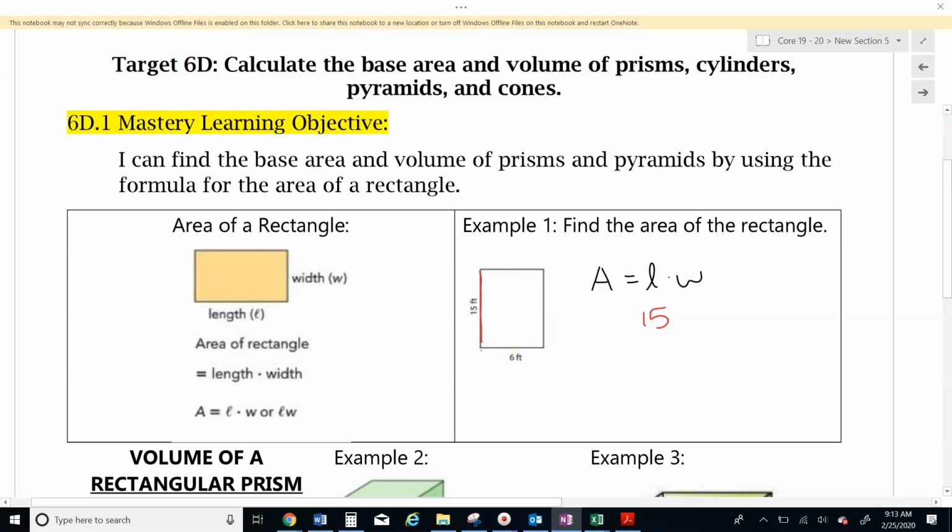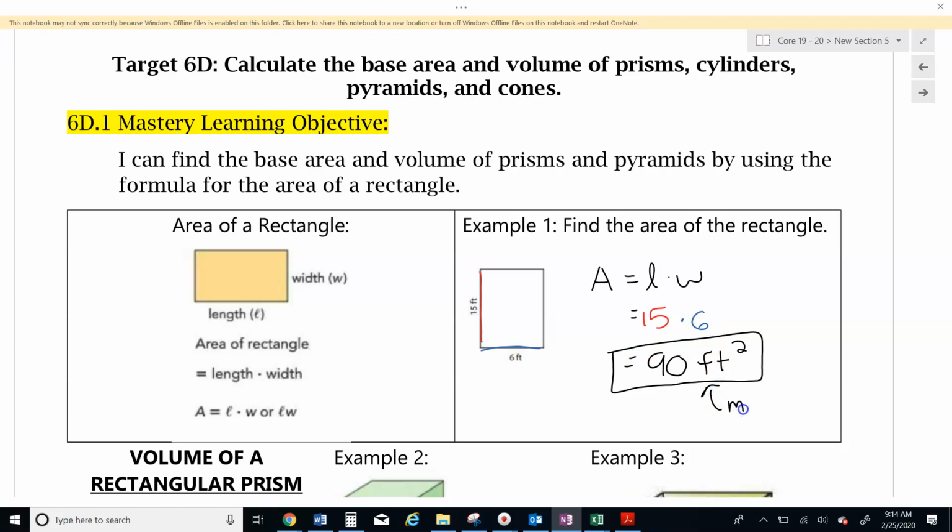Our width is 6. Feel free to use a calculator. 15 times 6 is 90 feet squared. You must have units.